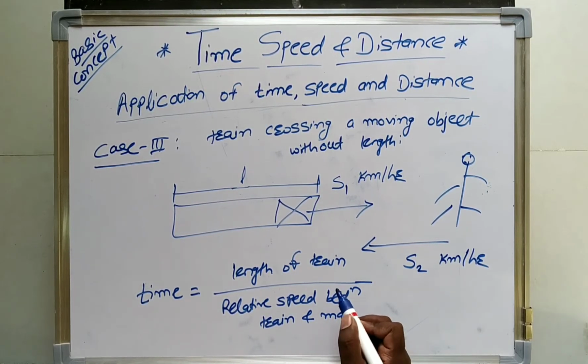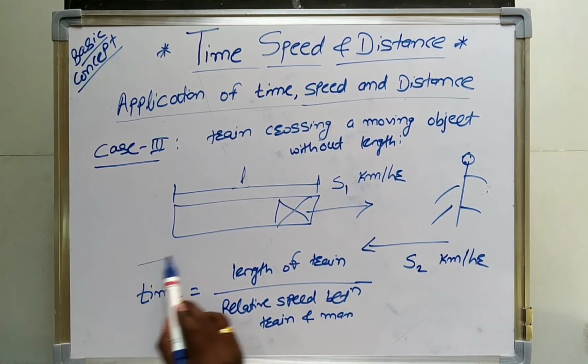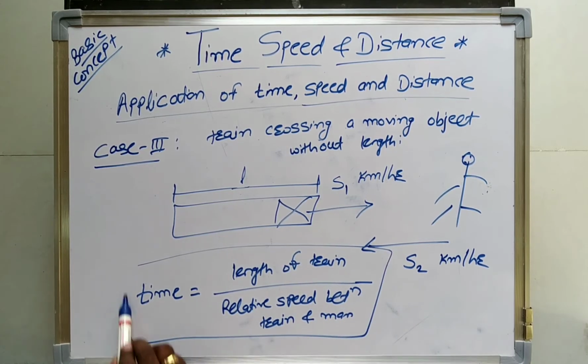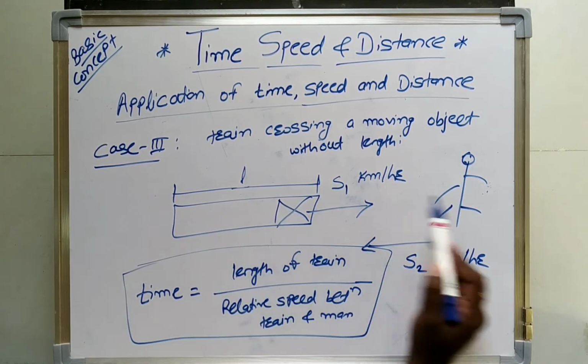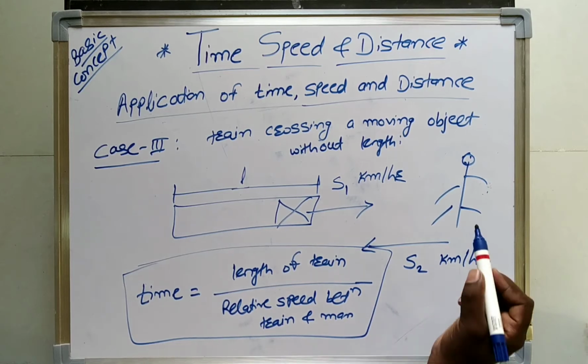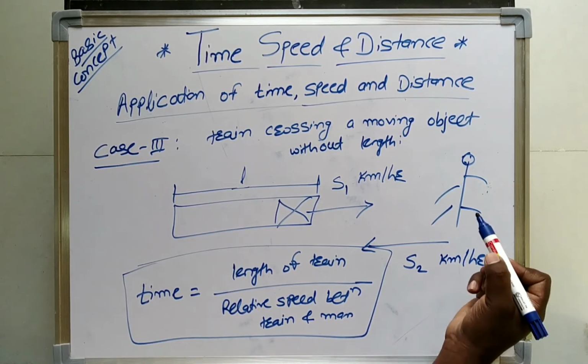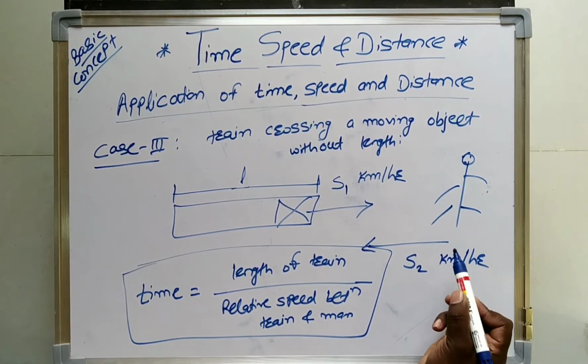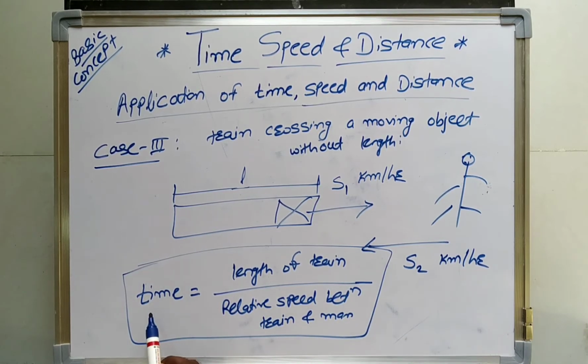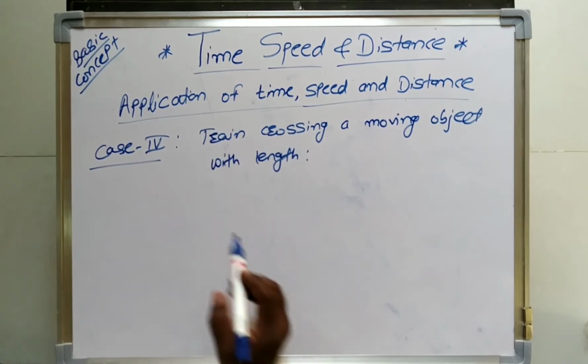By using this formula, we can calculate the time required to cross a moving man, which is time equal to length of train upon relative speed between train and man.